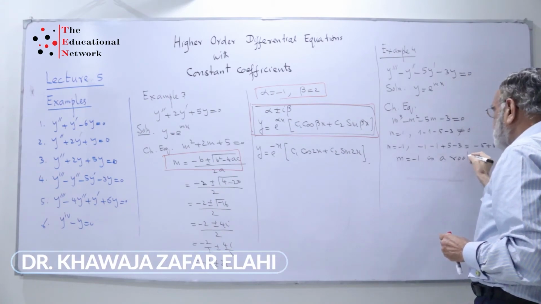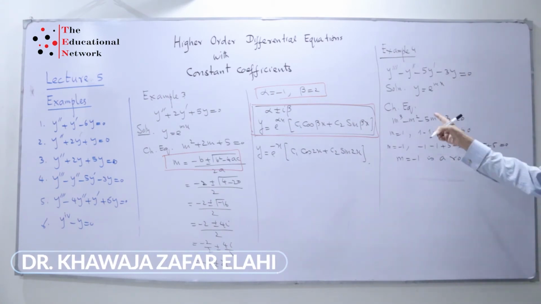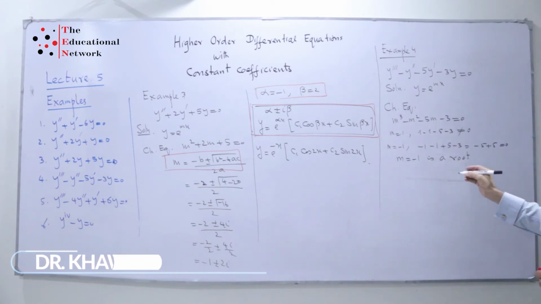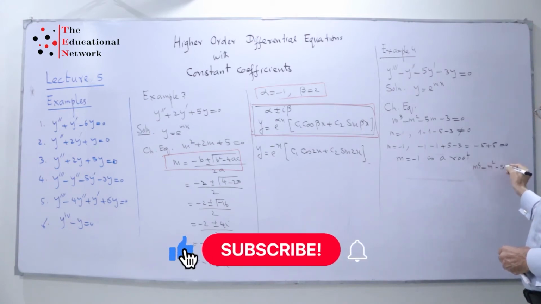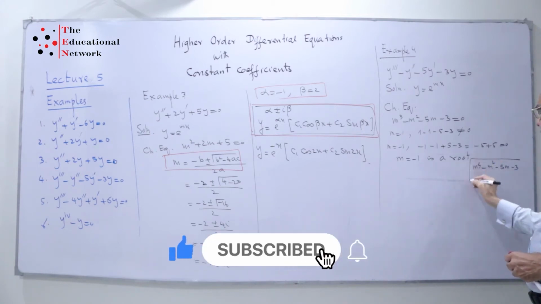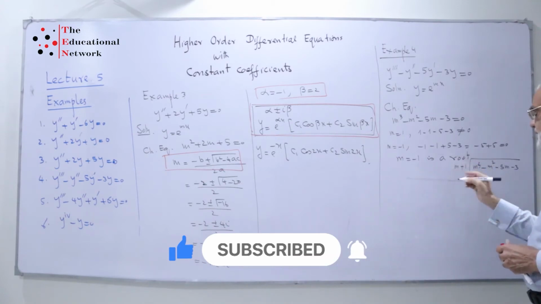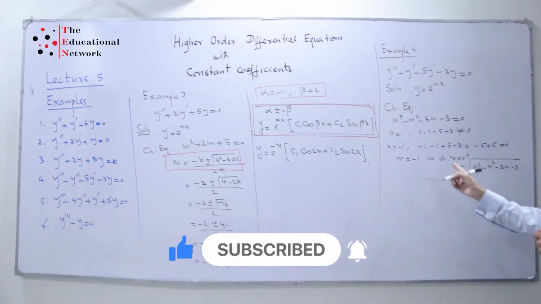So when we get this root, we divide our equation by m plus 1, because the root makes it 0. We divide m cube minus m square minus 5m minus 3 by m plus 1.